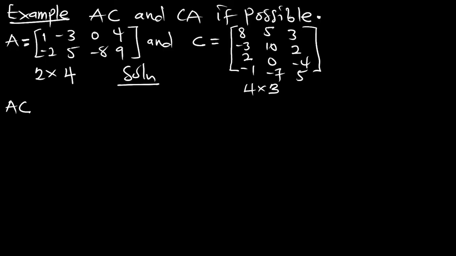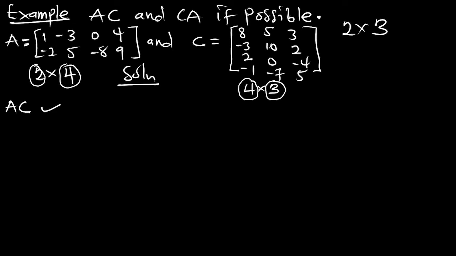Meaning the number of columns on the first, which is A, is equal to the number of rows on the second. Meaning multiplication can be possible. And after multiplication, we're expecting an answer of 2 by 3. The answer should be a matrix of 2 rows, 3 columns.